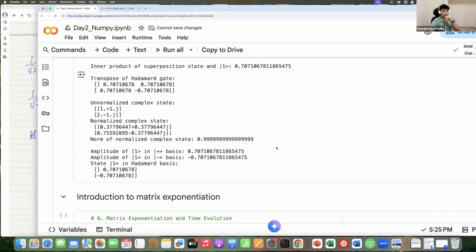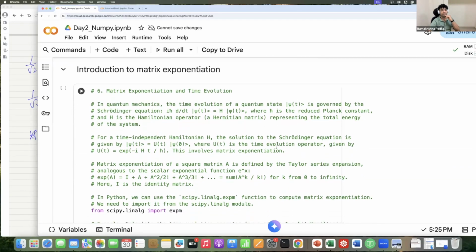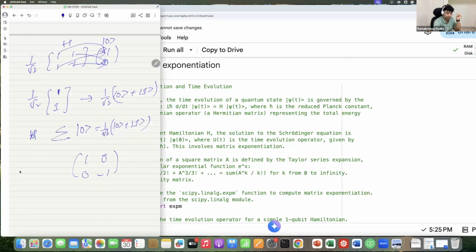So the next thing that I want to do, which is very important, is matrix exponentiation in time evolution. So we looked at this unitary operator, right?